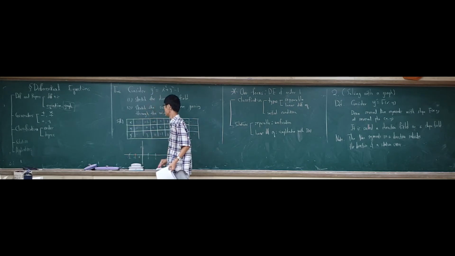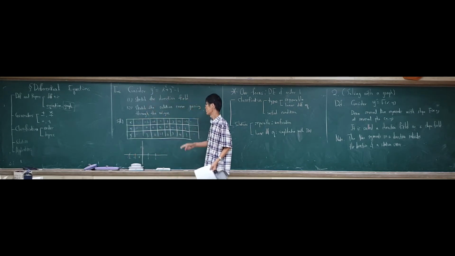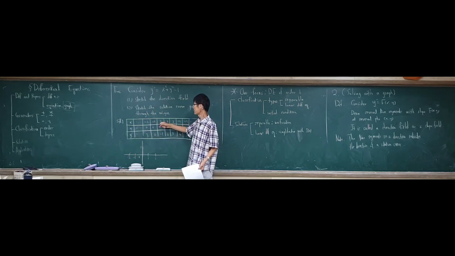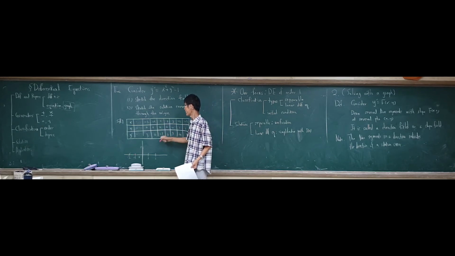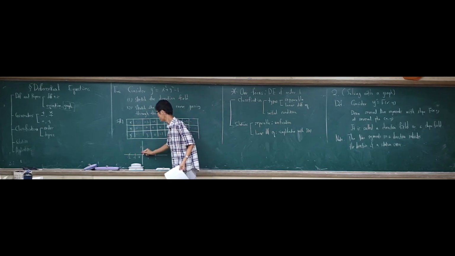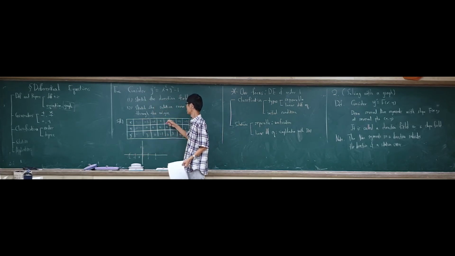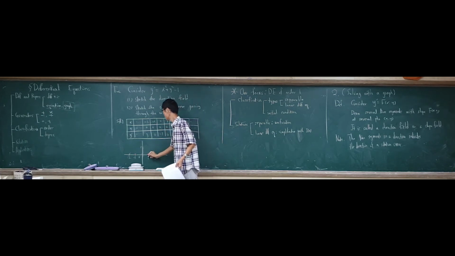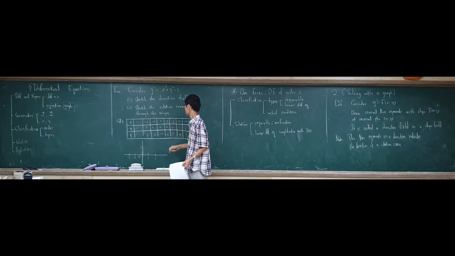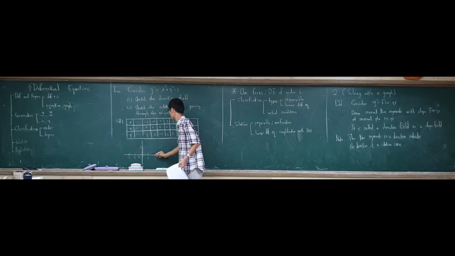So we draw a line segment whose slope is 0. And if x is 0, y is 0, then y prime is minus 1. So we draw a small line segment whose slope is about minus 1. In this case, the slope of the curve must be 0, and in this case, the slope of the curve must be 3.